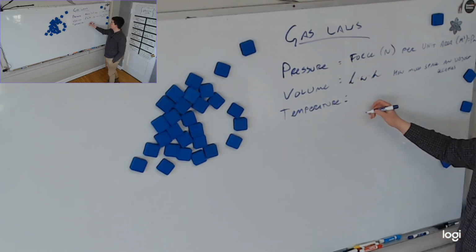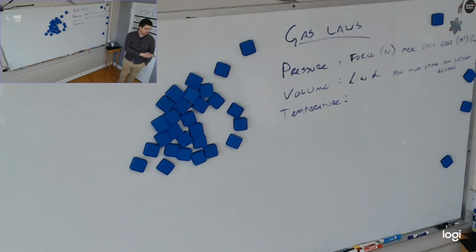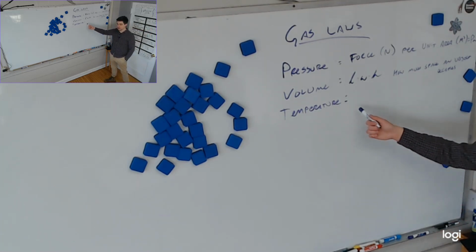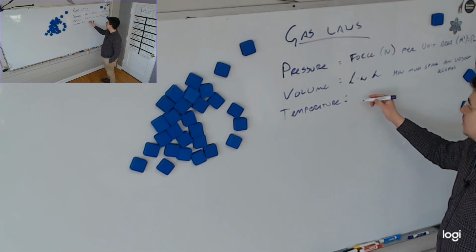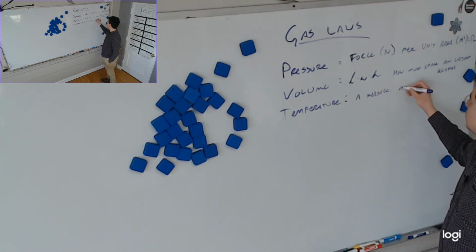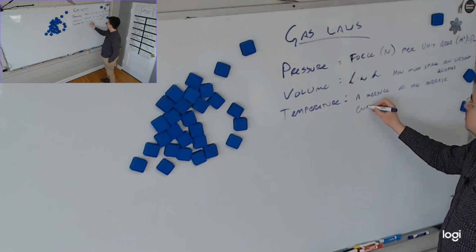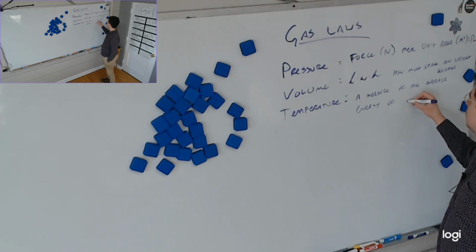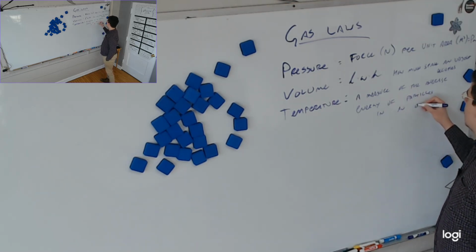And then temperature, we know, we could simply define it to an elementary school student or someone who isn't very well educated as how hot or cold something is. But since we know about the kinetic molecular theory, let's put that temperature is a measure of the average energy of particles in an object.